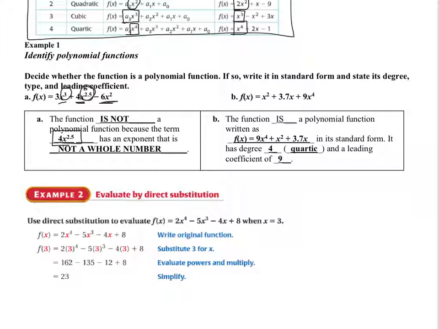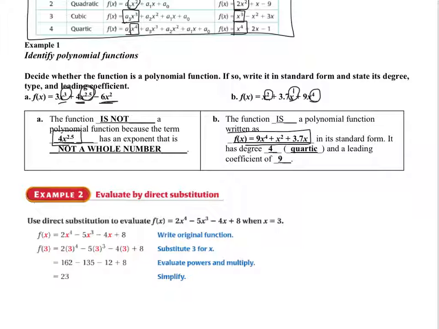Now let's look at the second one. First, we look at each of the exponents. This one has an exponent of 1, and this one has an exponent of 4. So this is a polynomial function because each of its exponents is a whole number.